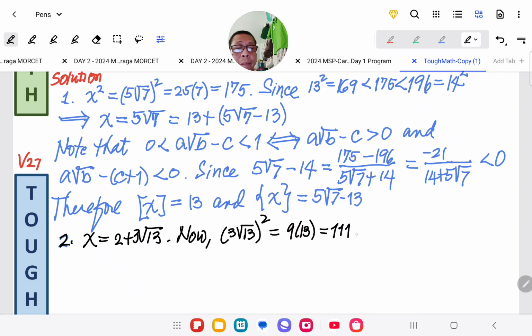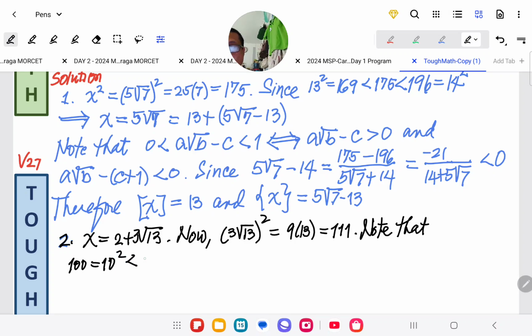And again, note that 100, which is 10 squared, is less than 111, but this one is less than 121, which is 11 squared.